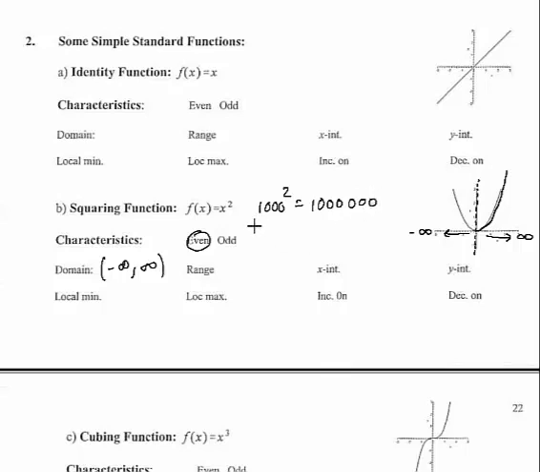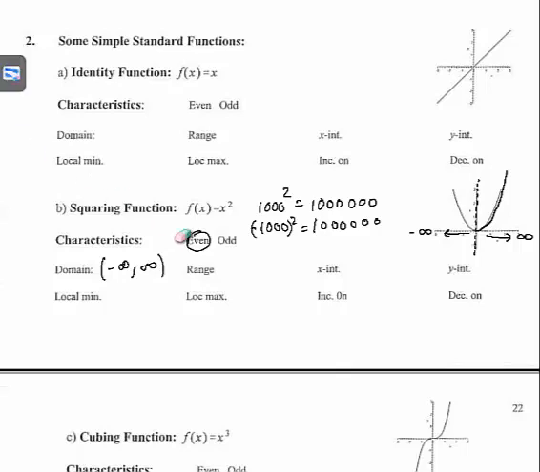I can square the negative of 1,000, and I still get a number back, 1,000,000. So no matter how big or small, I can square the number and expect to get a real number back.